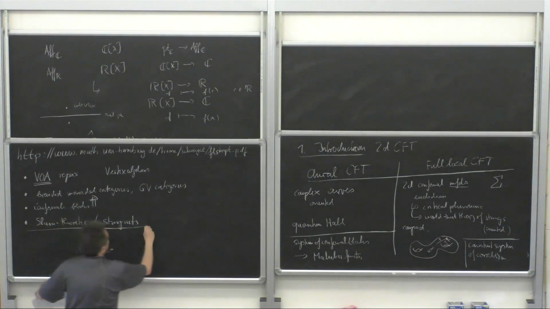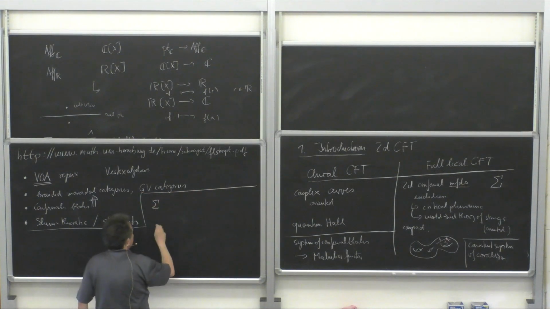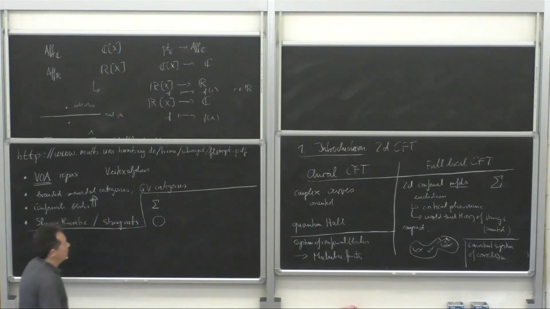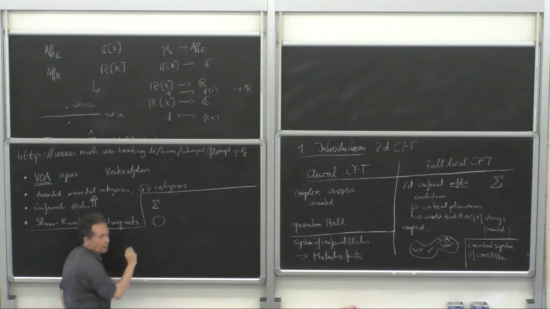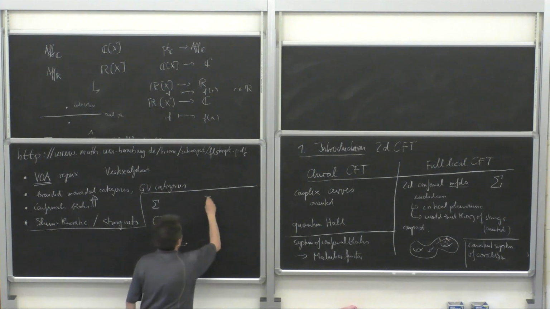Let's do examples. So, if sigma is a disk, take all points in the interior and double them. The points on the boundary, do not double them, but glue together the two copies at the boundary. So what is the double here?